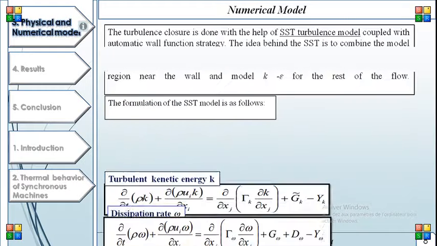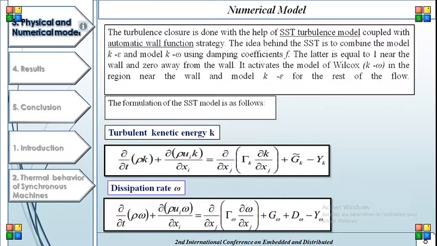So in this study I used the Reynolds-averaged Navier-Stokes approach because it's the most commonly used for modeling turbulent flows, where the turbulence closure is done with the help of the SST turbulence model coupled with automatic wall function strategy.